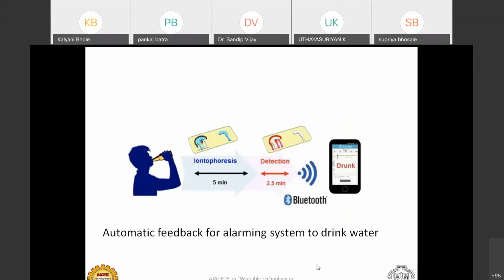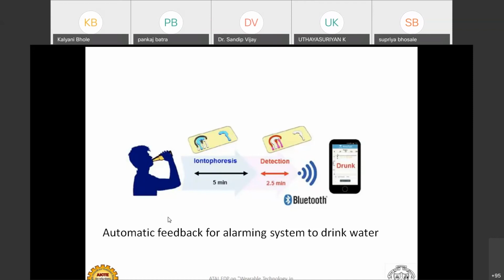One more example is for measurement of iontophoresis. As we have become more health conscious, we are using so many mobile apps for giving alerts about our health. One alert we get is to drink water. So how does your mobile app get to know whether you have drunk water or not?